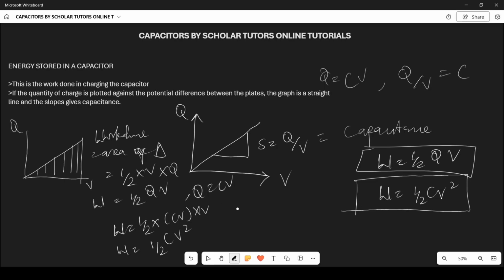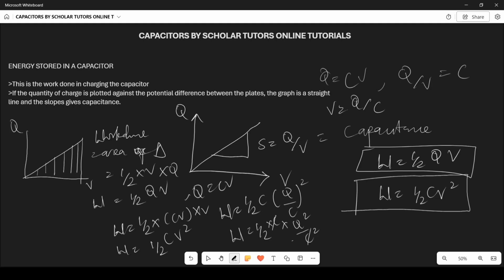From here we can still go further. We say W is equal to half CV squared. From here we can say V is equal to Q over C. So we can put that value here. So we say W is equal to half C, and this time around we use Q over C, so Q over C squared. So we have W is equal to 1 over 2 multiplied by C multiplied by Q squared over C squared.